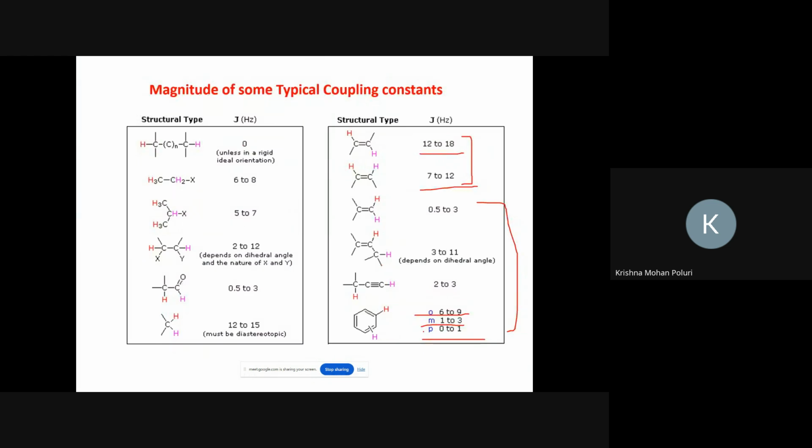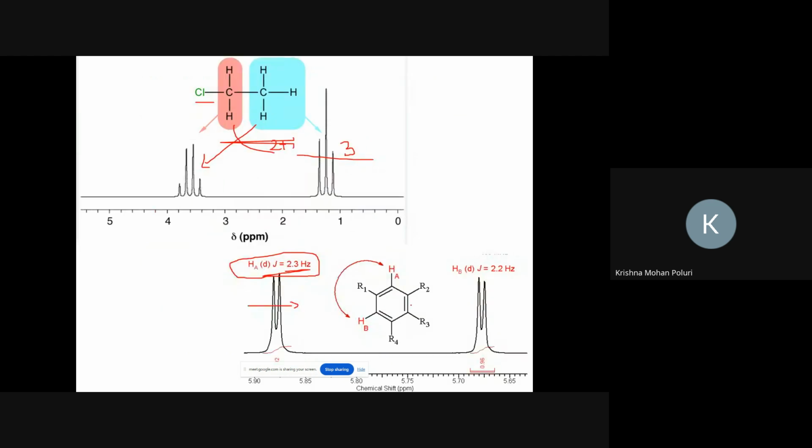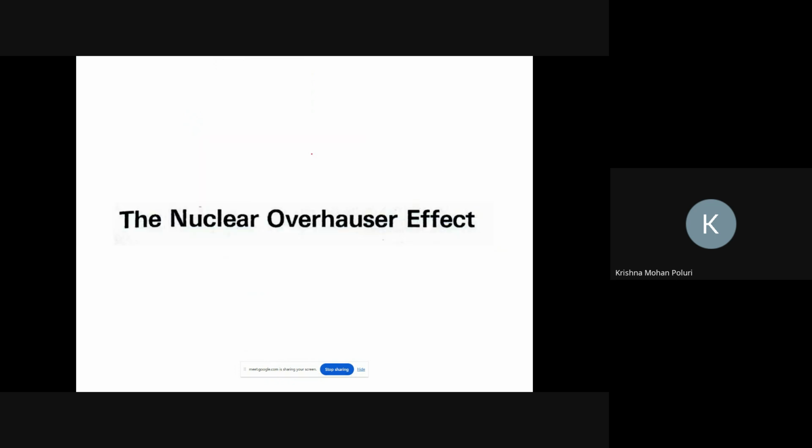So 2.3 Hz means these hydrogens are essentially present as meta hydrogens. So if you have a value, you can tell whether it is meta, and you can also predict the values. This is something which we do, and now databases are there. Once you put in your samples, you will get something.